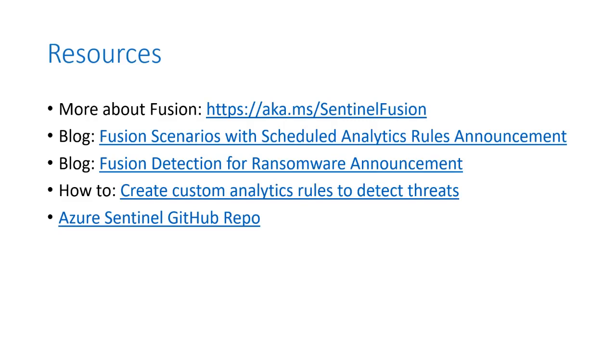Otherwise, I think Fusion is the first feature within Azure Sentinel that provides ML detection for ransomware. Of course, if you have scheduled analytics rules set up in your workspace for detecting possible ransomware signals, that's one way to do it. But Fusion is the primary ML detection for ransomware activities within Sentinel.